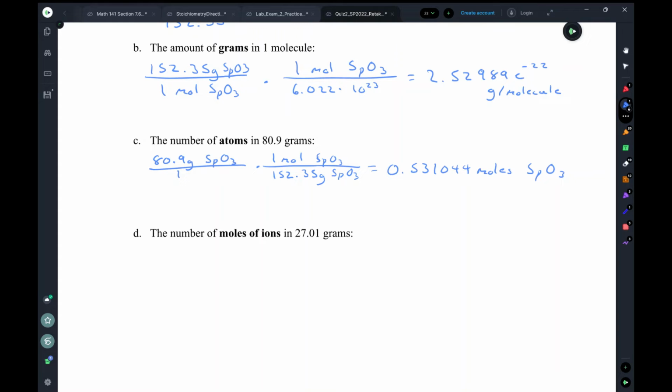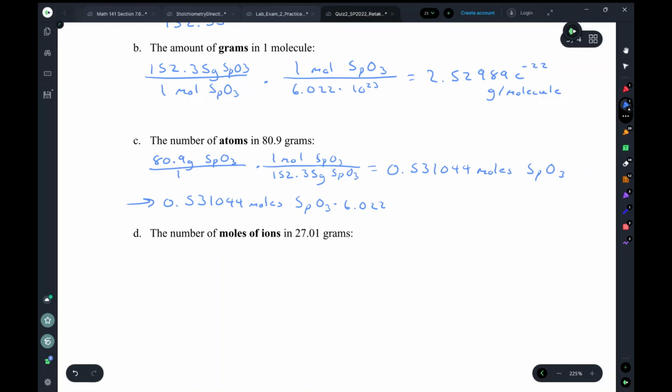And lastly, we'll multiply the product of those two by the amount of atoms within the molecule, and multiplying it by the amount of atoms.